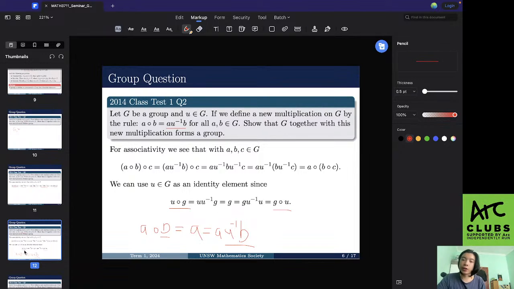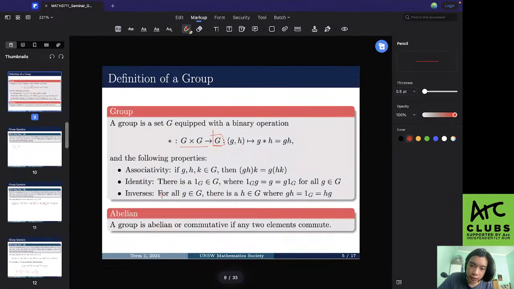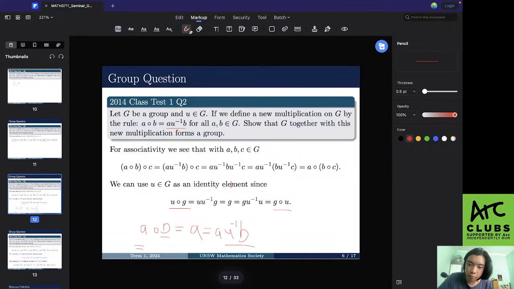The next thing is we want to know whether inverses exist, and so we can come up with inverses in a similar way. We want the inverse, so A circle B, to be equal to our identity, right? So by definition, our identity is this one here. In our original multiplication, we had our identity as maybe 1, for example, 1G.